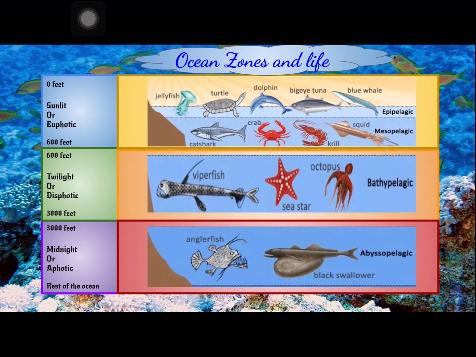It glows, attracting its prey right into its mouth and razor sharp teeth. Next is the black swallower. As you can see, the black swallower has a bulb-shaped belly, which looks really weird, but it really helps while eating its food.